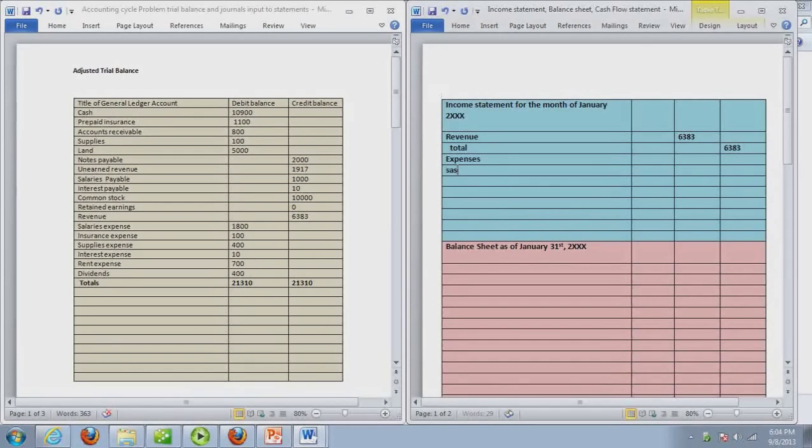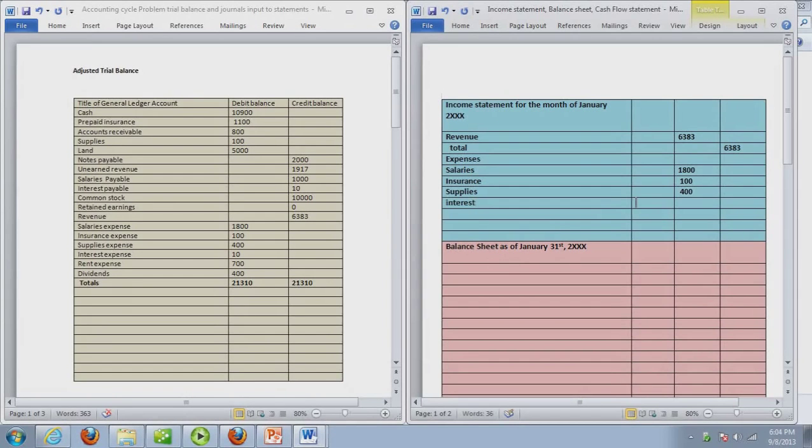So we have salaries for $1,800. We have insurance for $100. And supplies. Thankfully we have software to do this, but I think it's still useful to do it by hand to understand what software does.